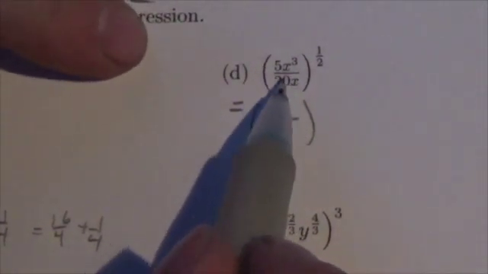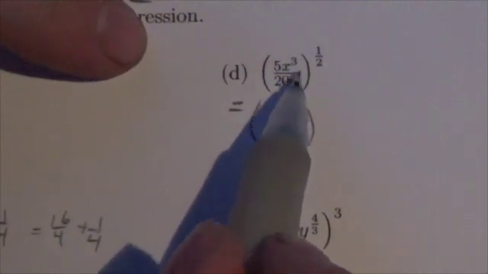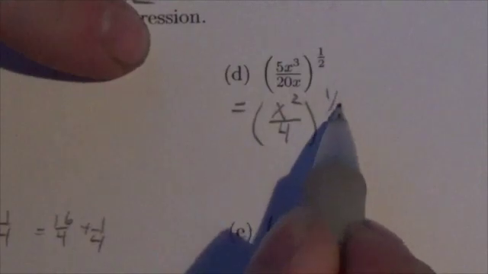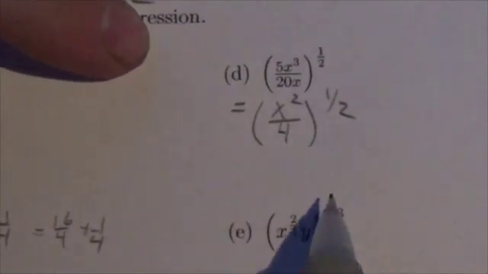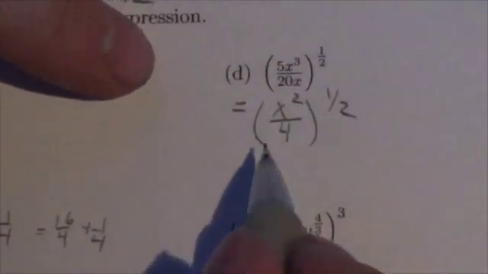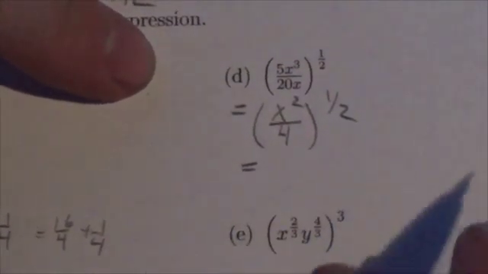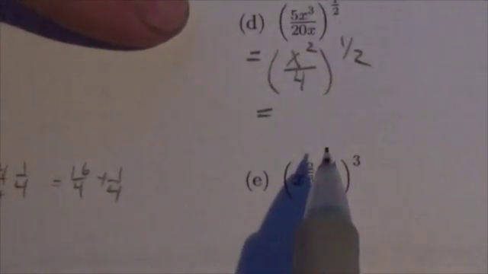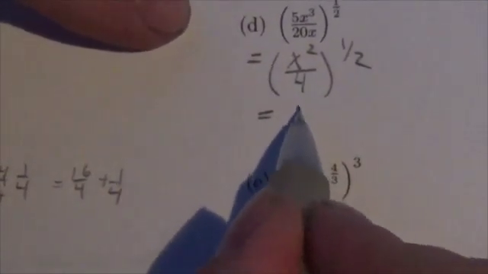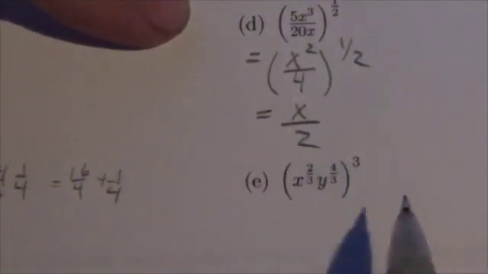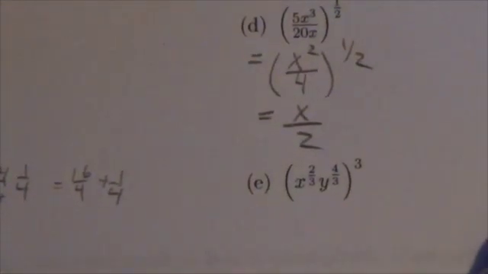Now that's x to the 3 and the 1 here, so 3 minus 1 is 2. So it's going to be x squared up in the denominator. And this is all still to the 1/2. So now that I've simplified that, now I can take it to the power of 1/2. And remember that that's just a square root. So what's the square root of x squared? Well, it's just x. What's the square root of 4? Well, it's just 2. And that's our answer.